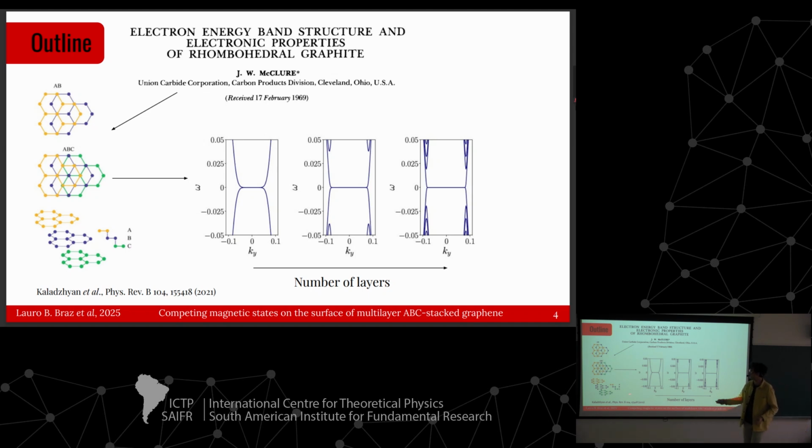As one increases the number of layers in the system, there is a flat band located around the K and K prime points of the Brillouin zone that increases in length in momentum space as the number of layers increases. So the goal here is to study the effects of this flat band that naturally happens in this system in the limit of many, many layers.